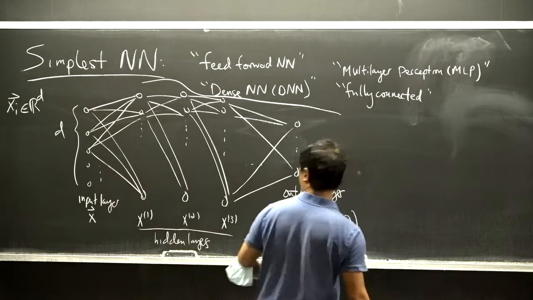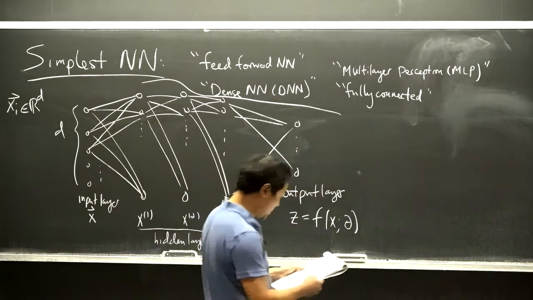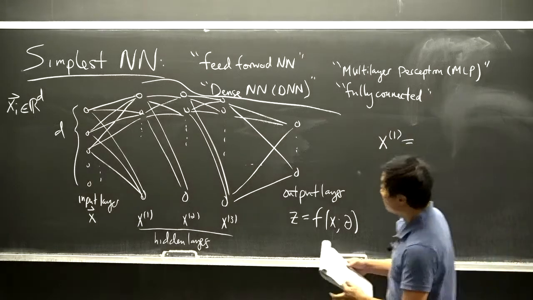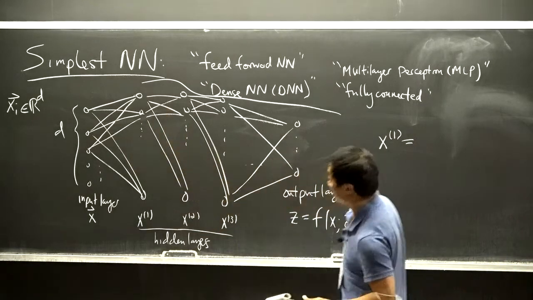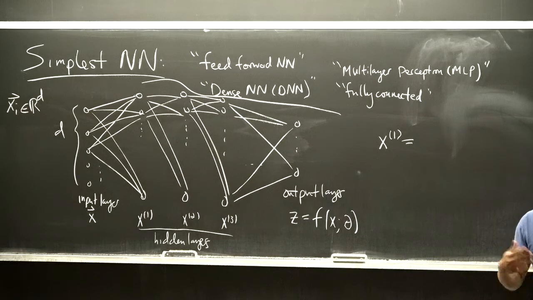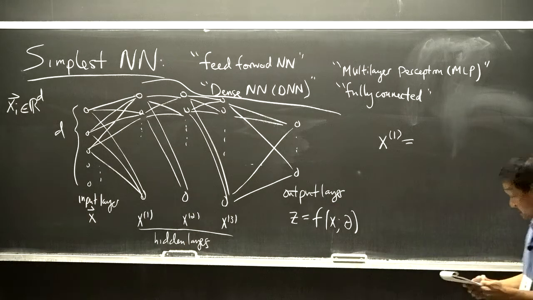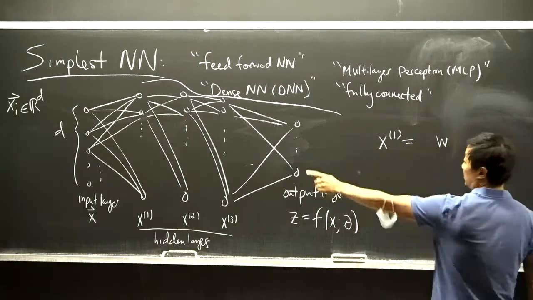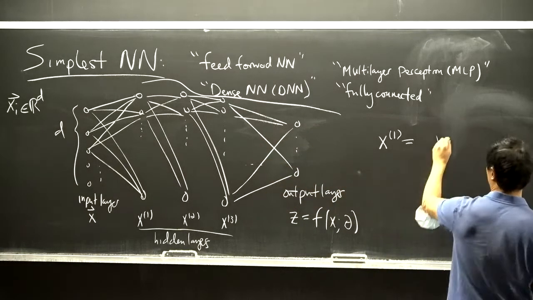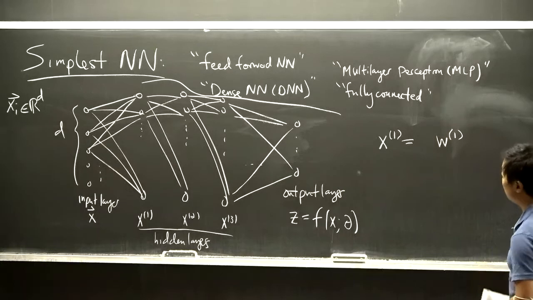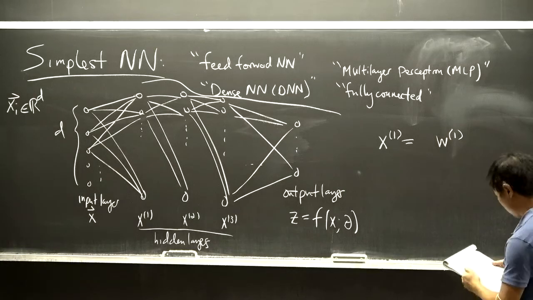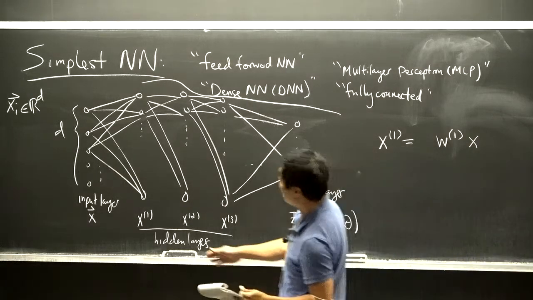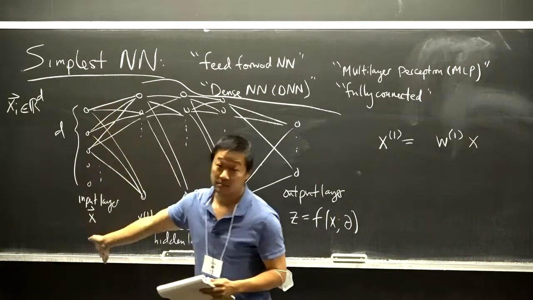So let me just show you how you get the first hidden layer starting from the input. In case all these lines and things look overly complicated, all we're doing here really is matrix multiplication. Basically all the connections correspond to a big matrix, call it W, the weight matrix, which just acts on the input layer as if it were a column vector.